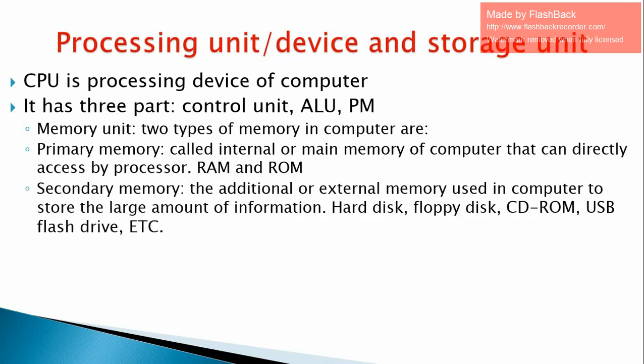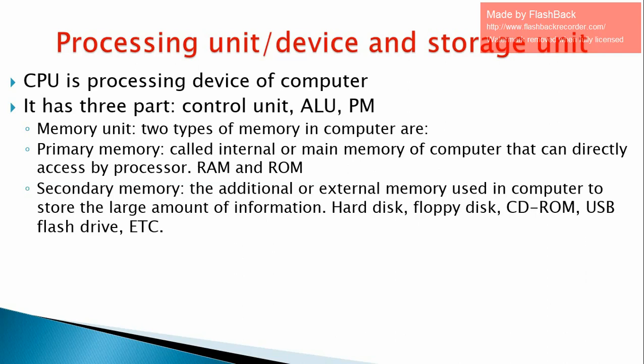Secondary memory is the additional or external memory used in a computer to store a large amount of information. Secondary memory is external, and it can store a large amount of information. This is not similar to primary memory, because primary memory has only limited capacity and is only the processing time access memory.